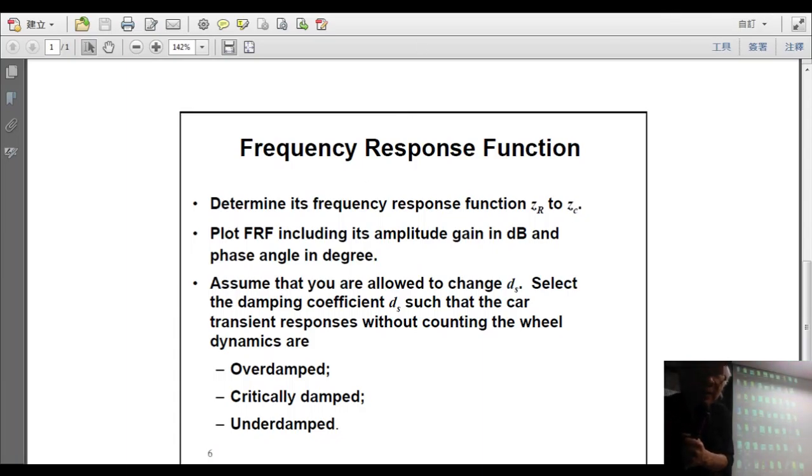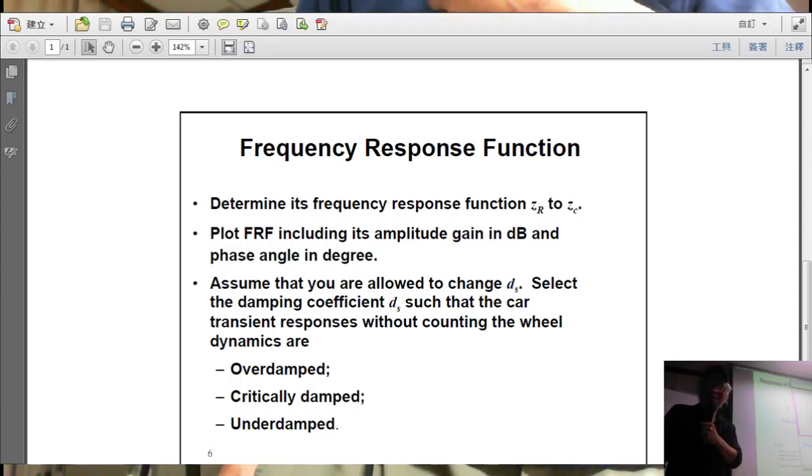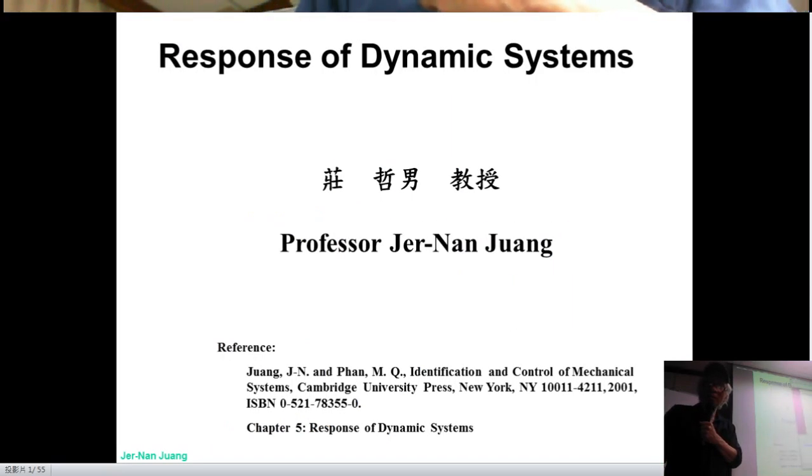Okay. If there's no more questions, let us go back. You have to switch to response now. Okay, the response. Okay, we need to switch to response. Somehow we need to provide a tool, software that they can switch automatically.